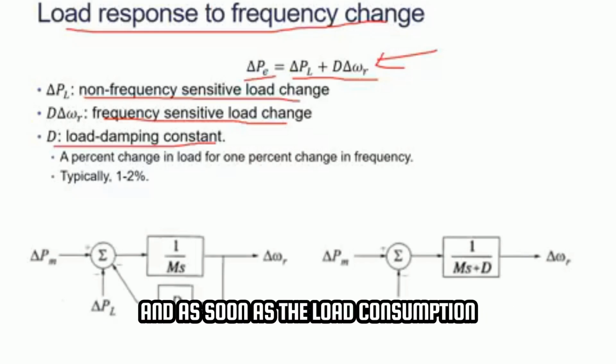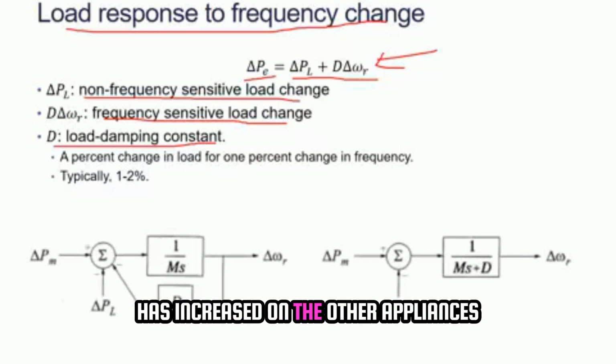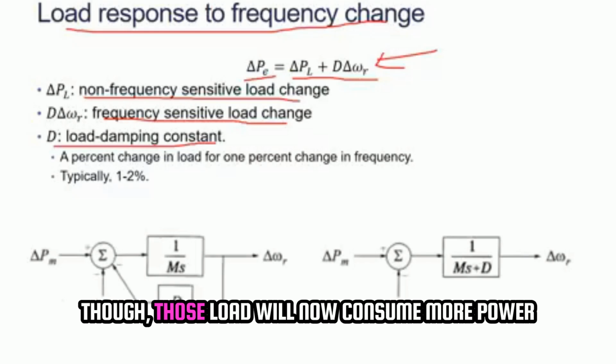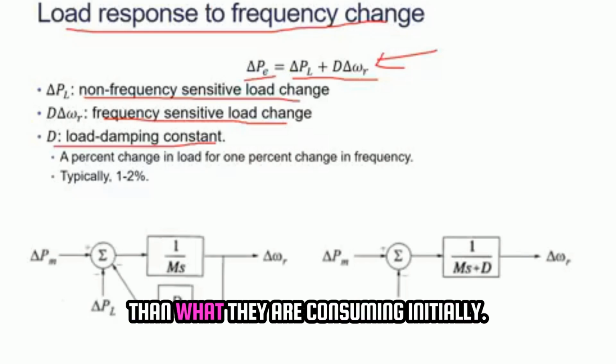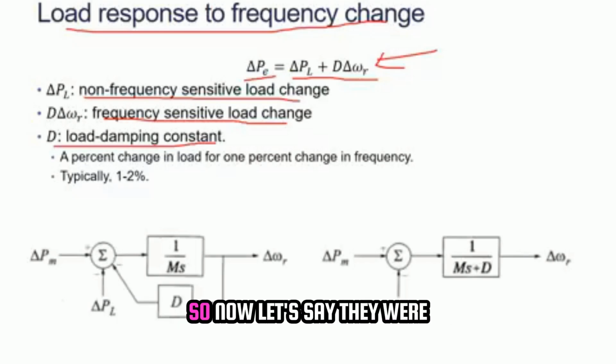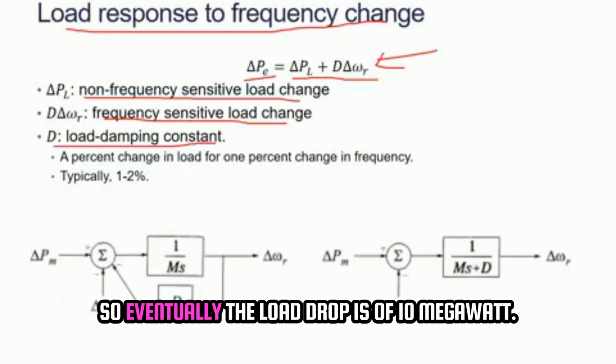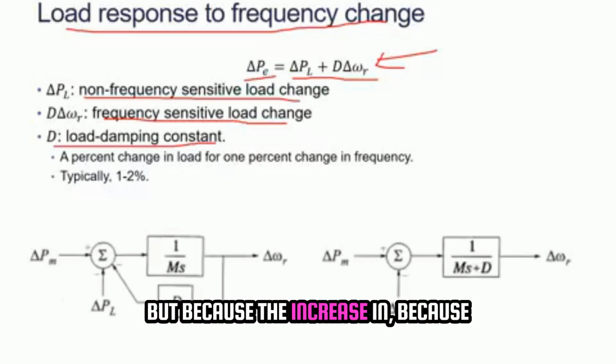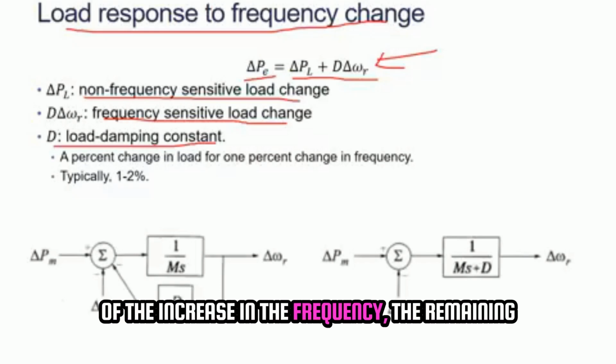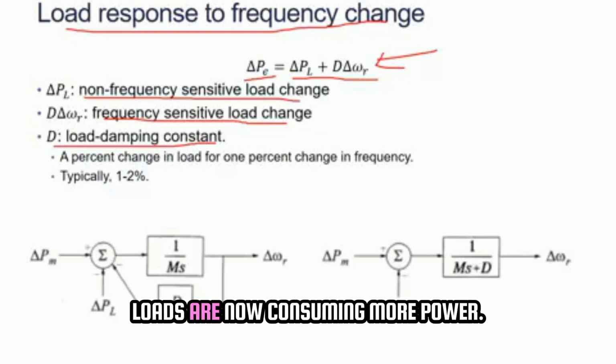And as soon as the load consumption has increased on the other appliances, those loads will now consume more power than what they were consuming initially. So let's say they were consuming 90 megawatt, now they will be consuming 95 megawatt. So eventually the load drop is of 10 megawatt, but because of the increase in the frequency, the remaining loads are now consuming more power.